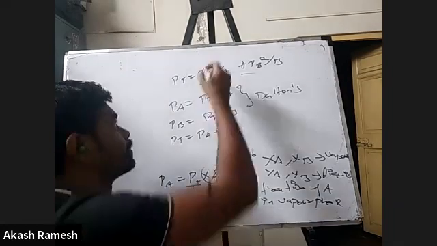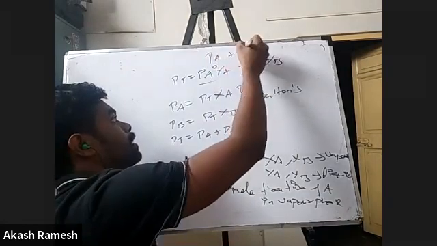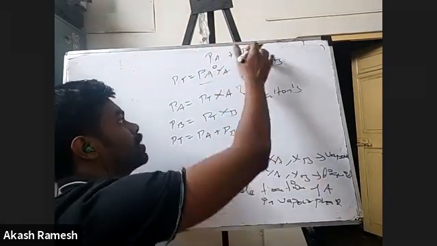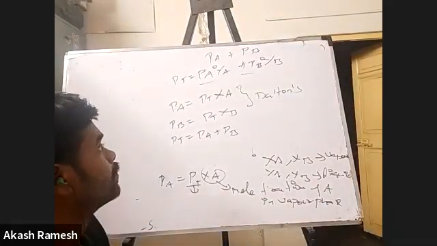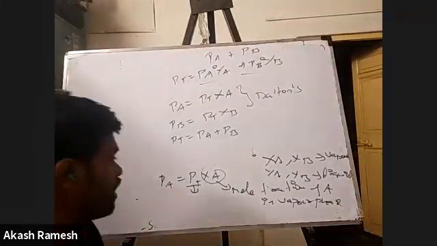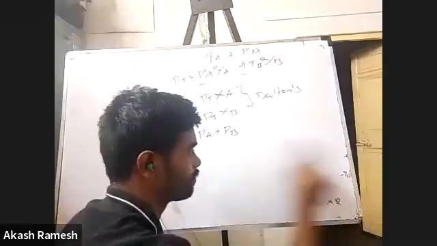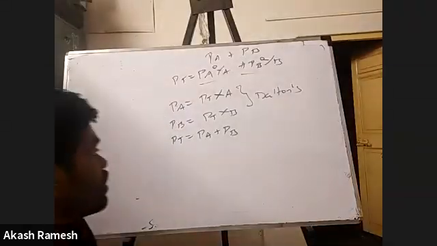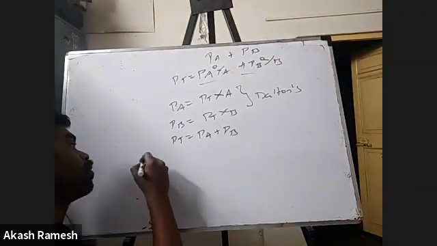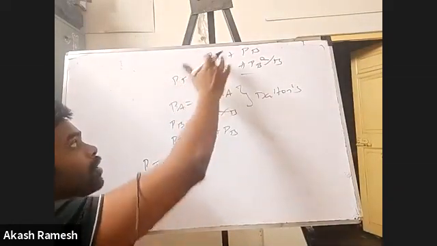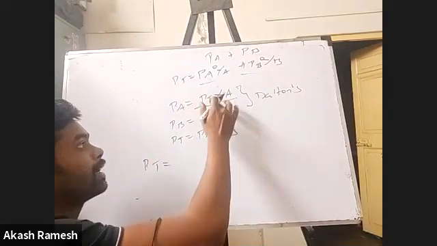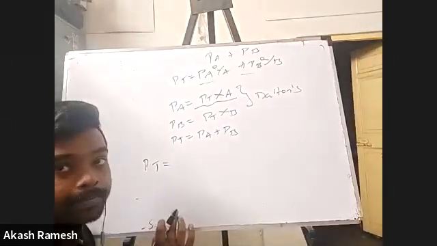Okay. See, this is actually going to be PA plus PB, where PA is this much, PB is this much. Now, what I will do is I will write the equation like this. How will I write? I'll write P total is equal to PA. What is PA? PA in terms of Dalton's law, right?